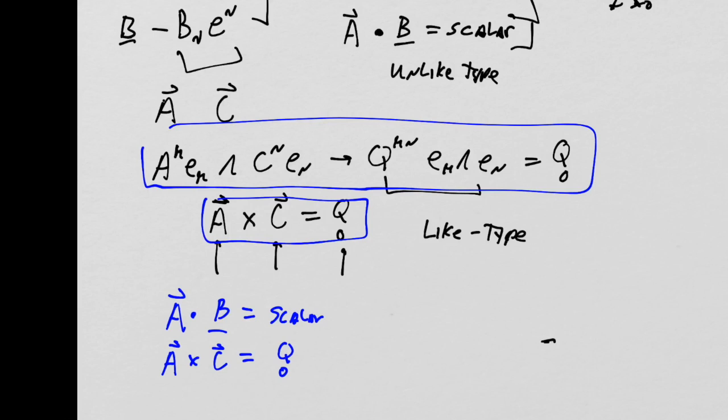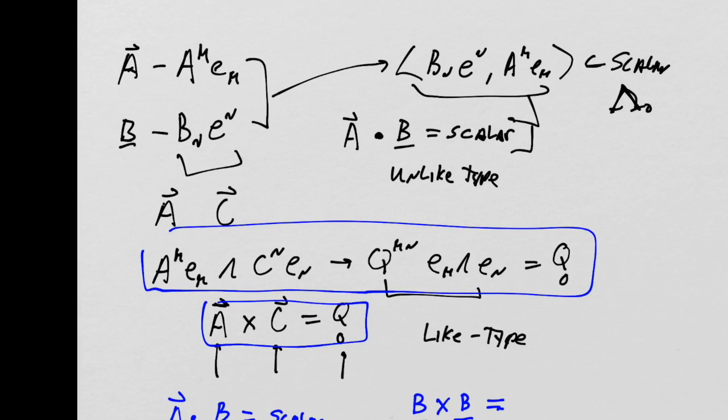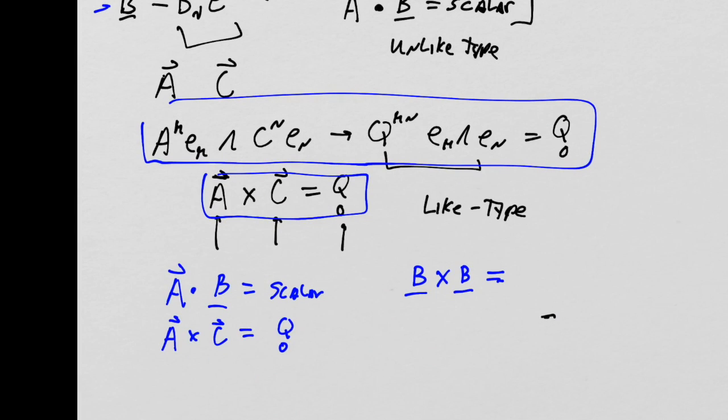All right. Now, what else would we do? Well, we would do stack cross stack. What can we do with two stacks? Well, we can wedge them.